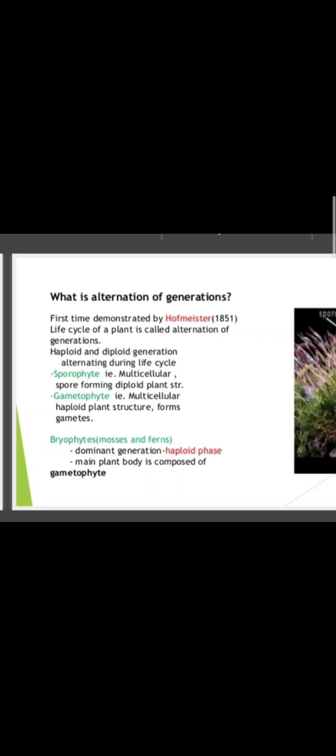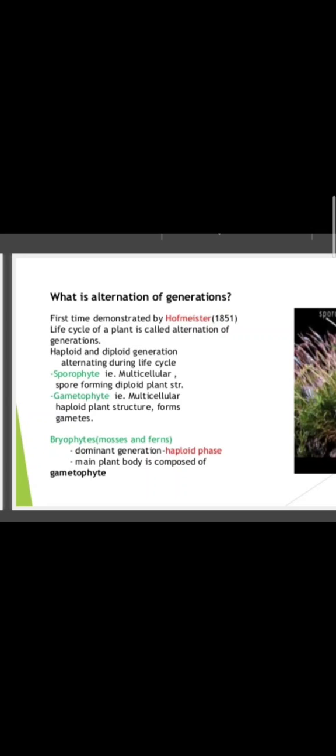So the sporophytic plant body, as the name suggests, produces spores and is a multicellular body. While the gametophytic plant body is also multicellular, it is a haploid plant body which forms gametes. As the name suggests, the gametophytic plant body forms gametes.